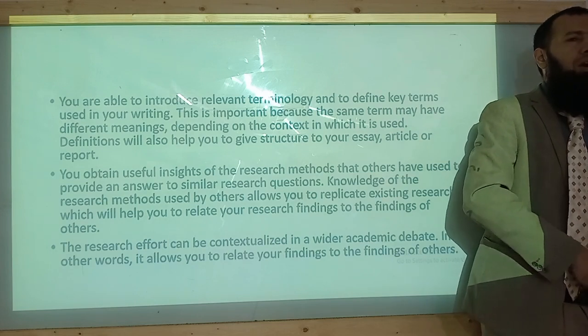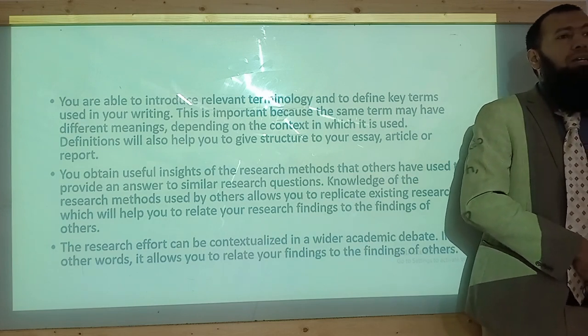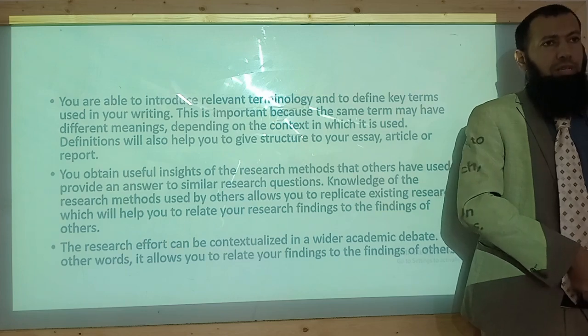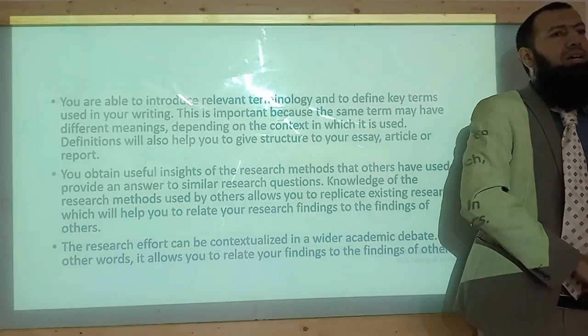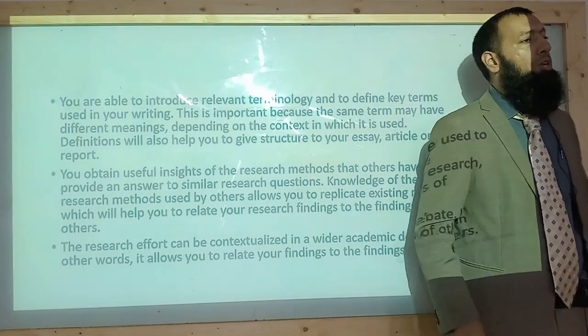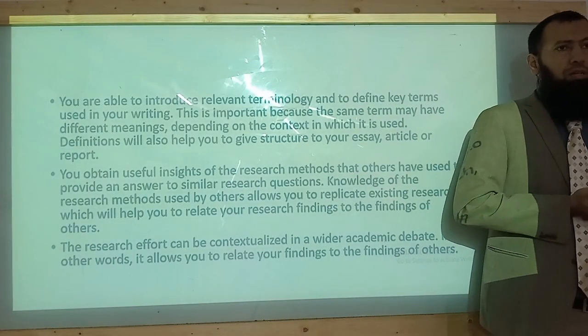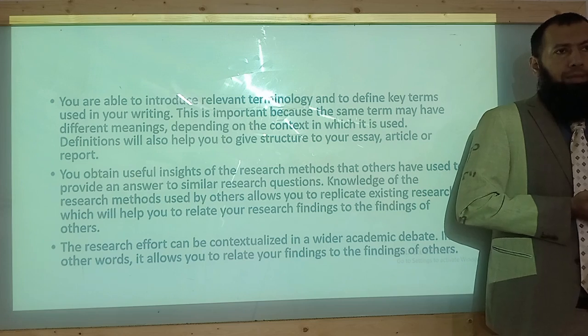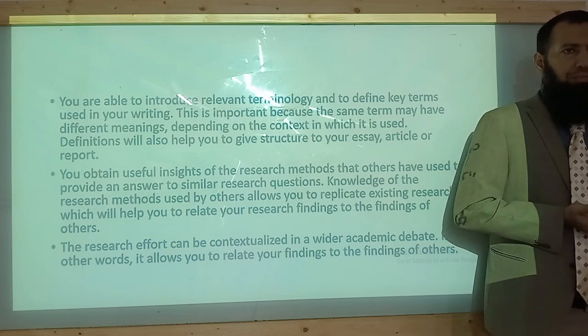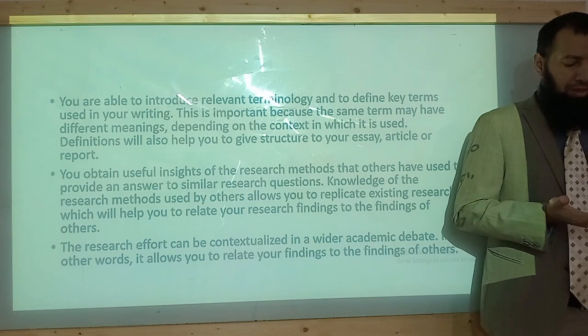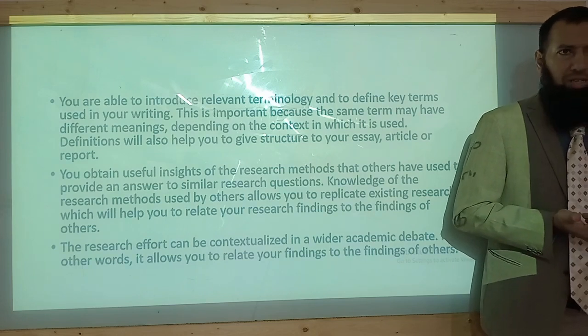From the abstract, you learn most of the things used in the paper. For example, what is the objective of the research? What is the outcome of the research?